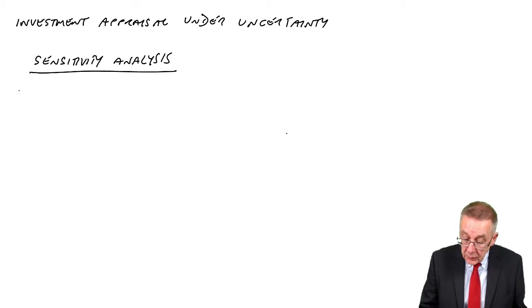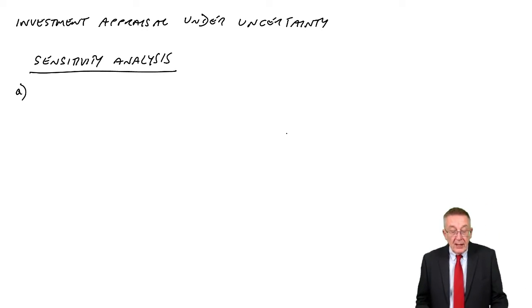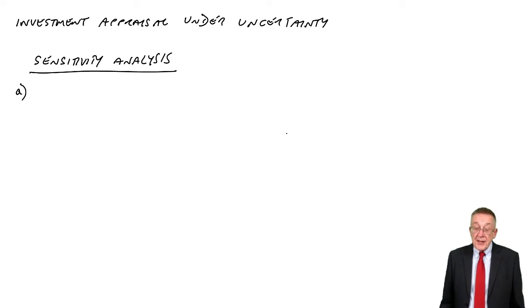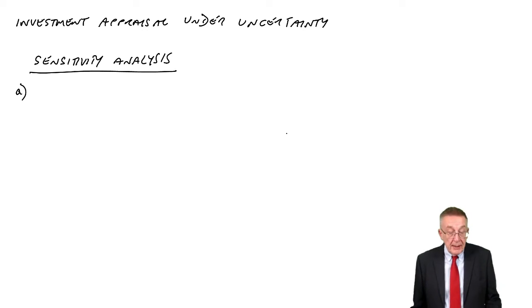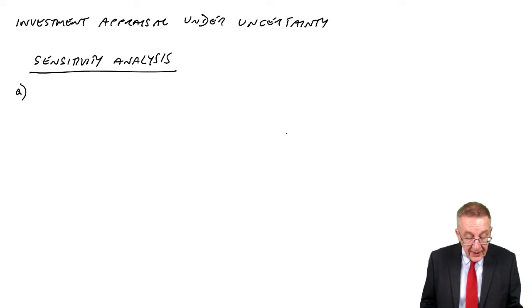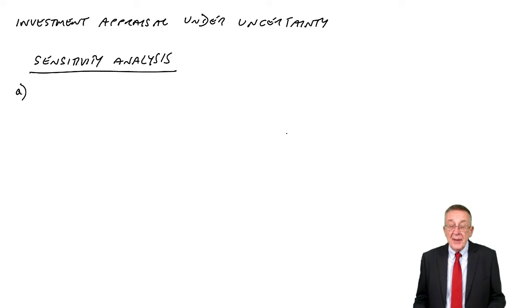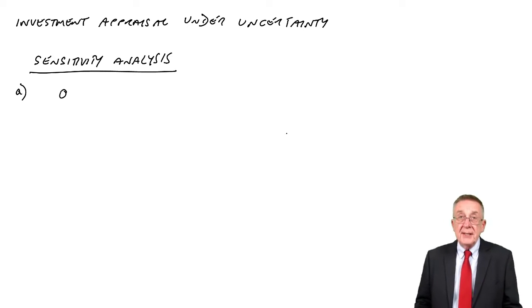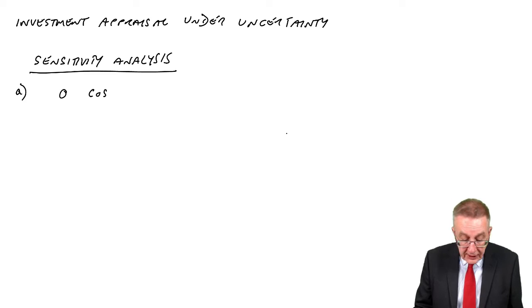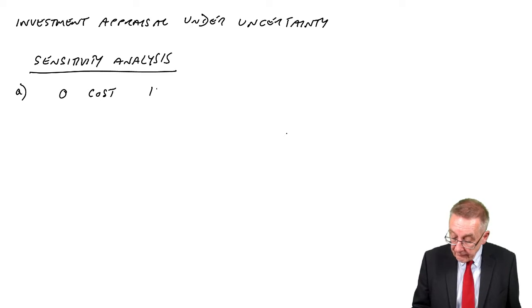And part A, nothing to do with sensitivity, says on the basis of these figures, is the project worthwhile? Well, let's look at the NPV. What are the cash flows? Because it's 15 years, there are annuities involved here. And so, let's set it up that way. The initial cost, an outflow of 150,000.